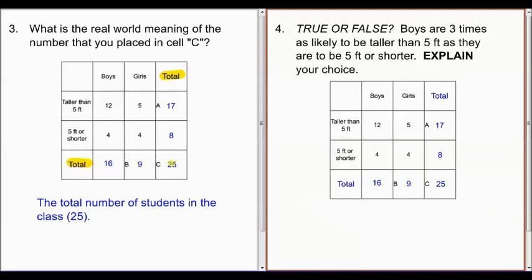True or false? Boys are 3 times as likely to be taller than they are to be 5 foot or shorter. The first thing I want to point out here is the word likely. Whenever you see that, we should really be thinking about relative frequencies. So I set up some percentages here. There's 12 boys that are taller than 5 foot out of 16 boys total.